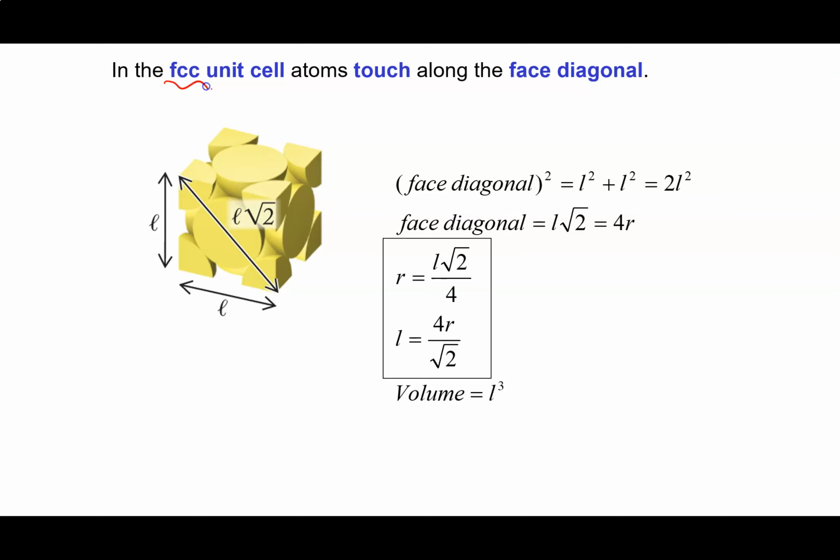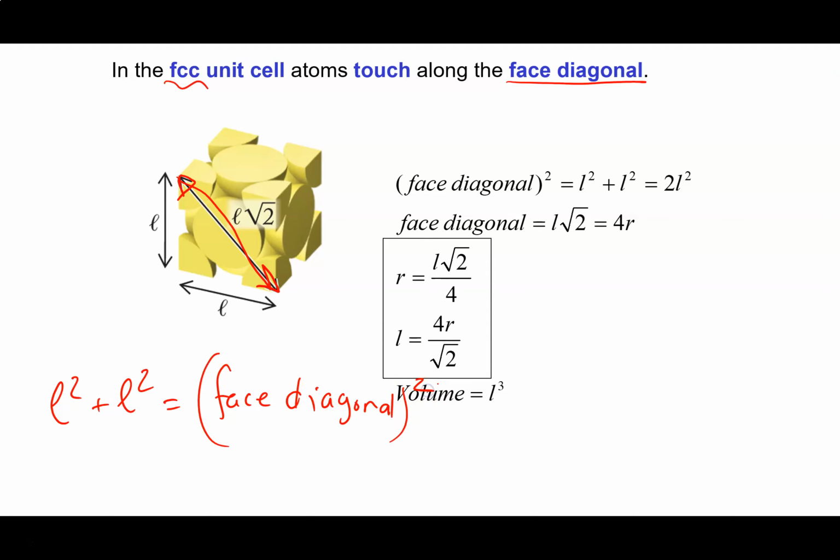So in the face-centered unit cell, the atoms touch along what's referred to as the face diagonal. The length of this diagonal can be calculated using the Pythagorean formula. So L squared plus L squared is equal to the face diagonal length squared, right?